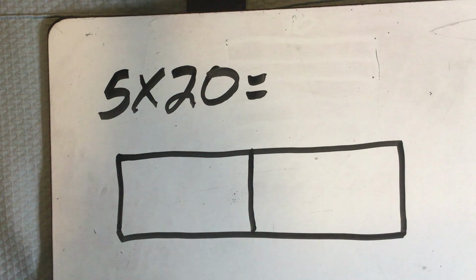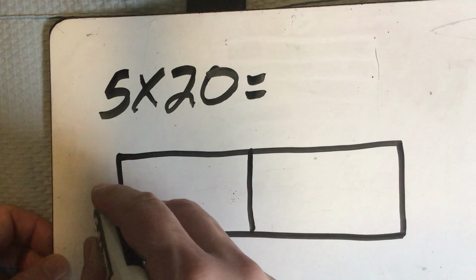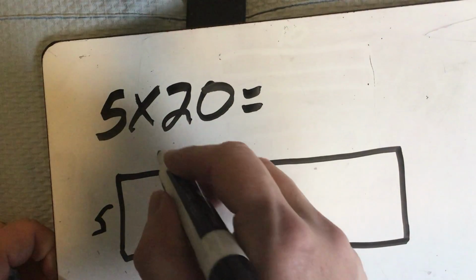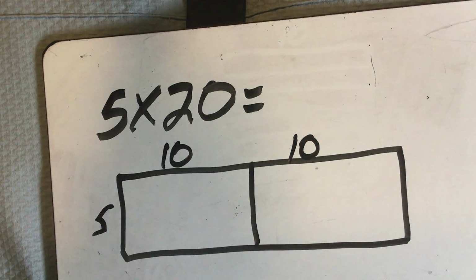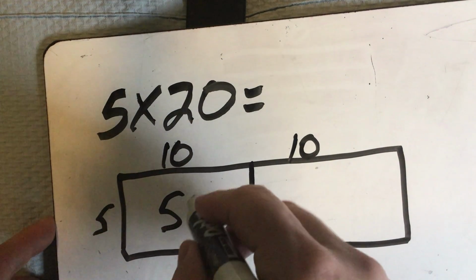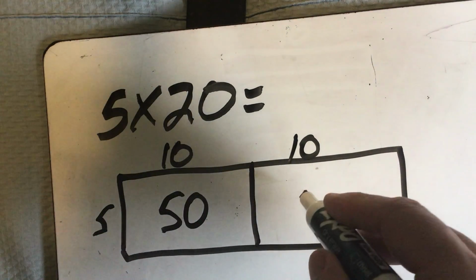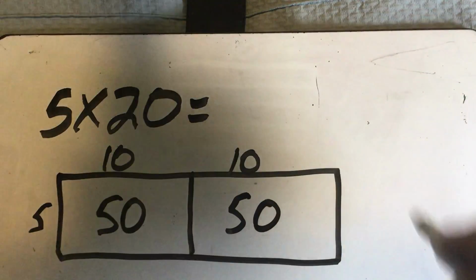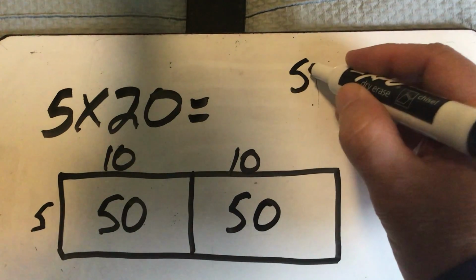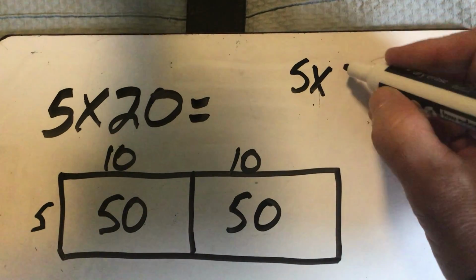We know that 20 is double 10. How about we do this: 5, 10, and 10. What is 5 times 10? 50. We have another one of those right here. So we could solve 5 times 20.